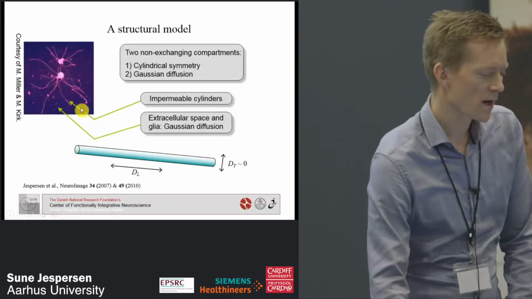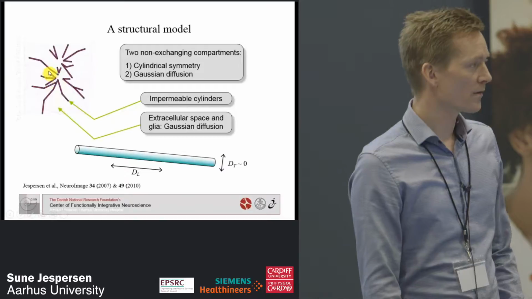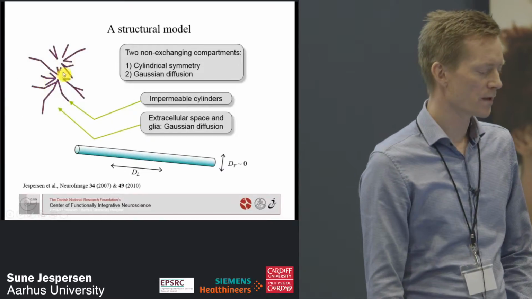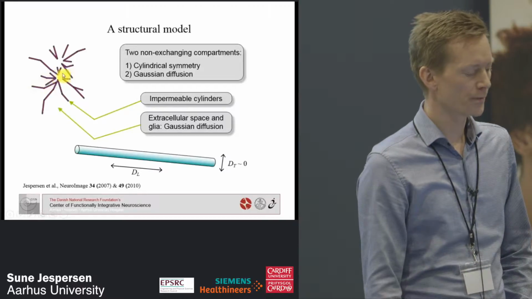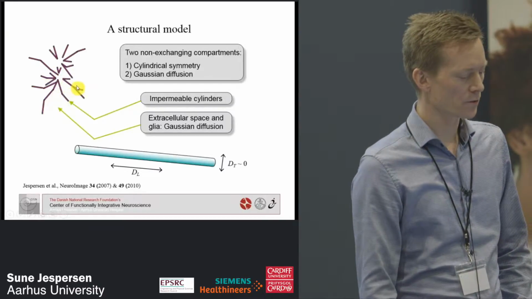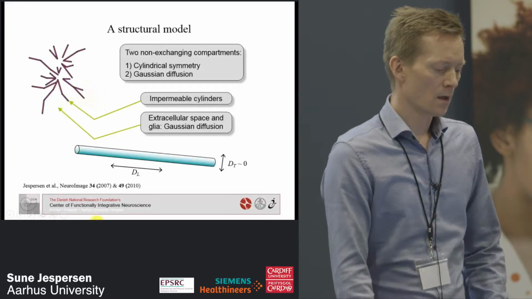So the neurites, they look locally very much like cylinders. Cylinders are one of the geometries that we can actually describe with the propagator exactly. So that's what we're going to try to do with the diffusion signal from those parts.